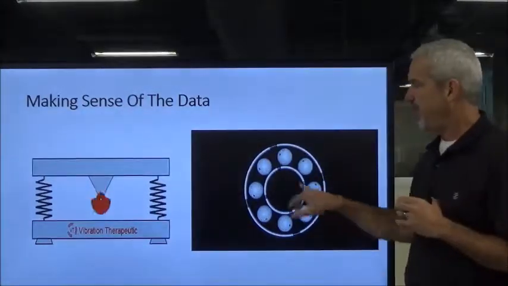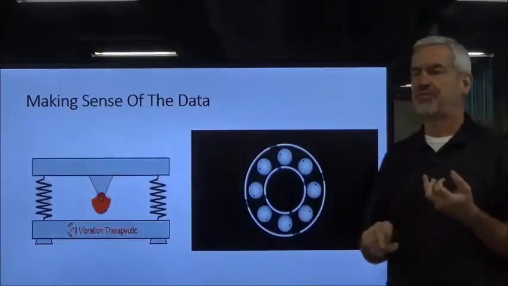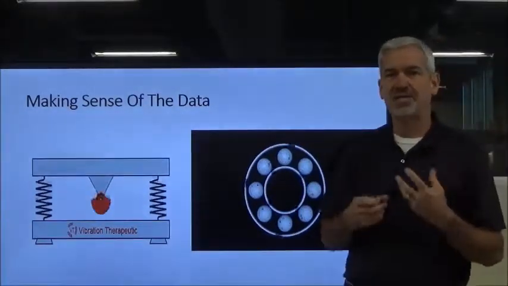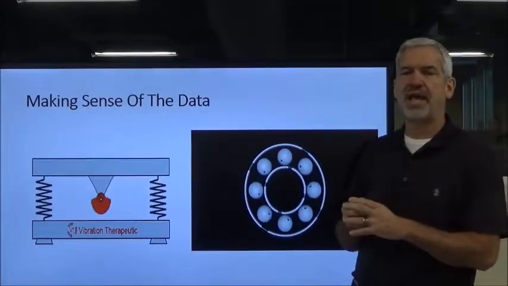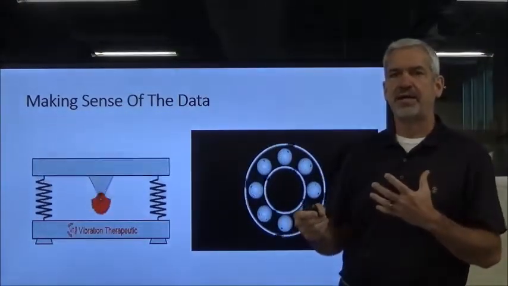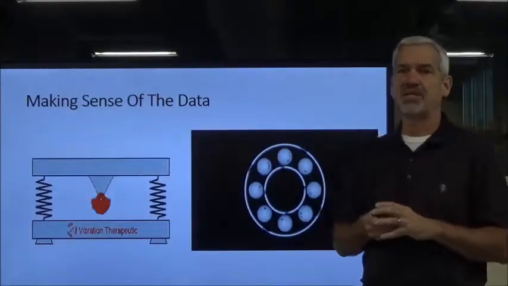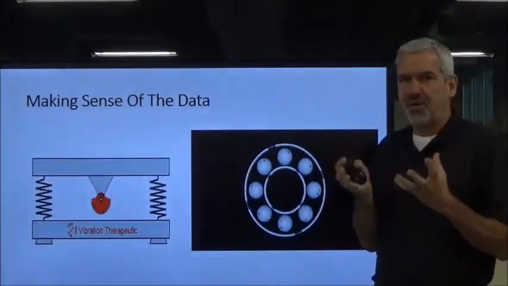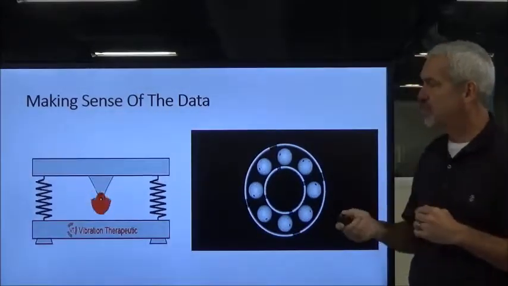Okay, we have bearing frequencies. We talked about inner race frequency, outer race frequency, ball spin frequency, cage frequency, and things like that. So we've got all these different frequencies that a machine can vibrate at, and that's information. We've got all these different types of information that can be thrown at us, so we've got to understand what it is we need to look at and what's most important to us.